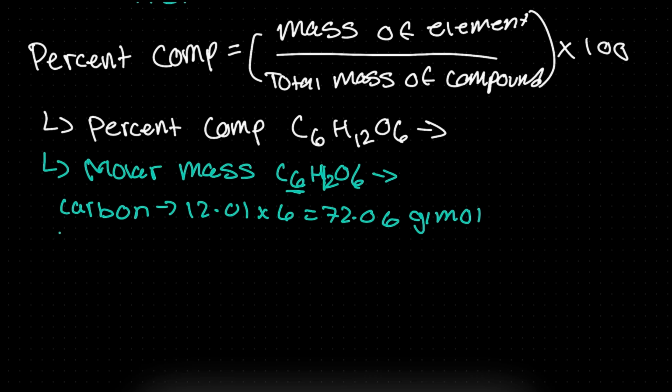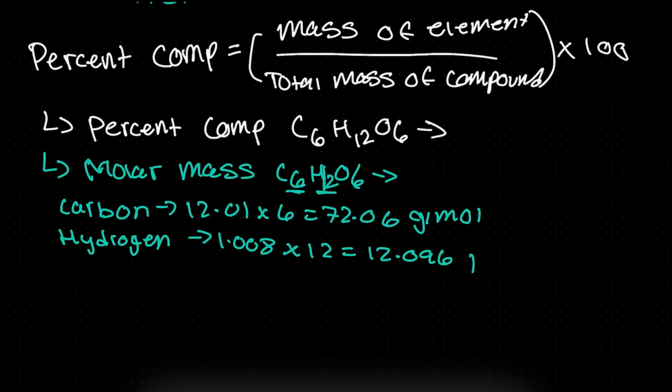Next we do hydrogen. And that's 1.008. We can see it on the periodic table. H12 it says. So hydrogen times 12, and we get 12.096 grams per mole, right?